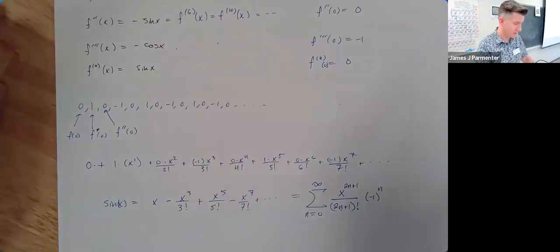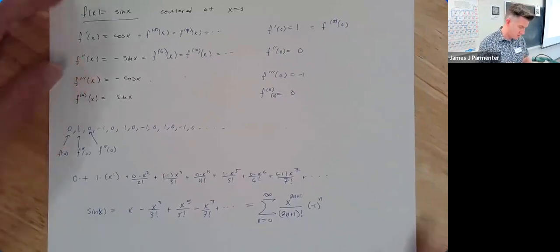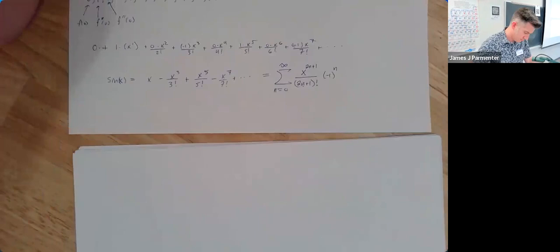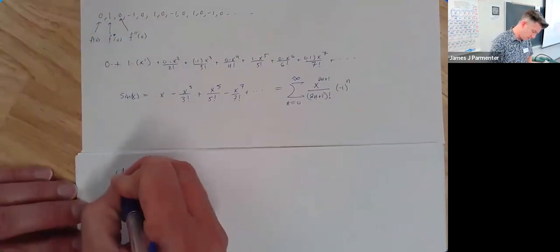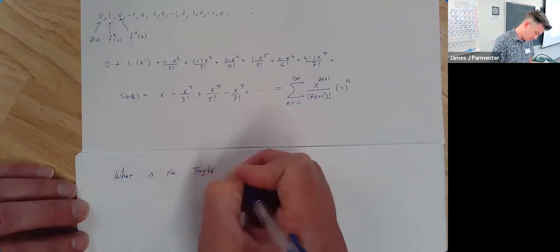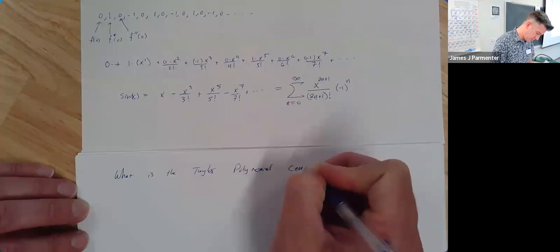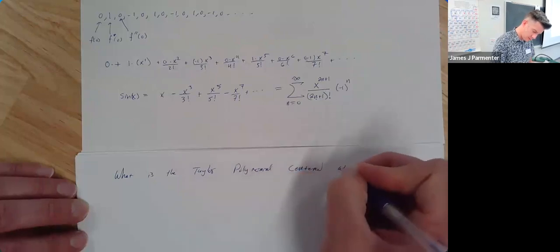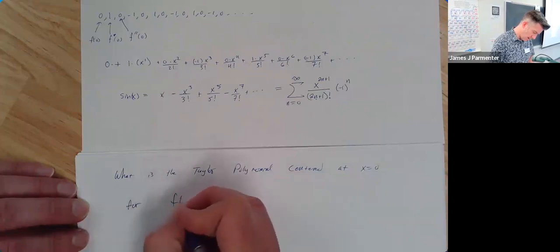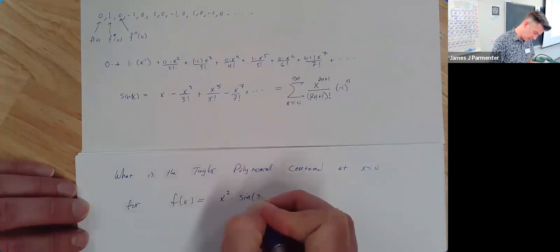So then, for example, if somebody said, okay, great, now use that to tell me what's the Taylor polynomial centered at x equal to 0 for f of x equal to x squared times sine of x cubed.